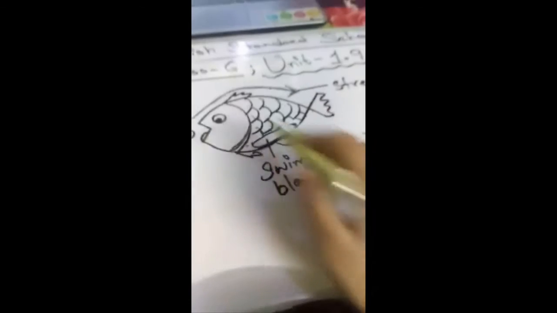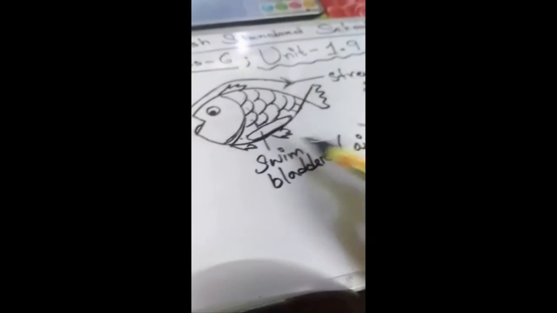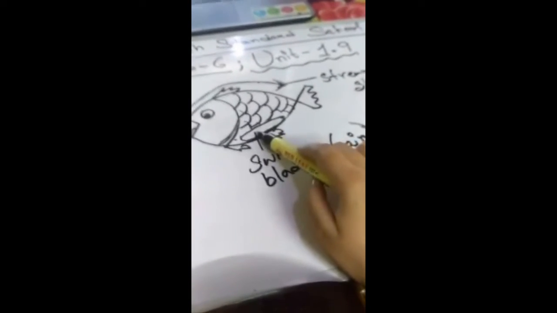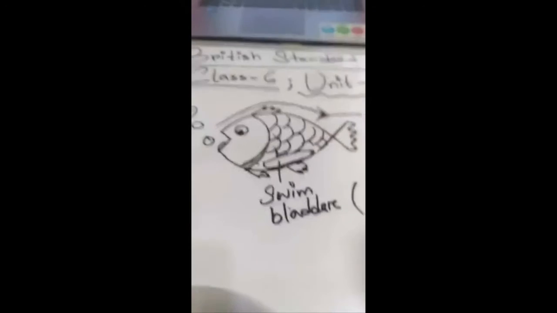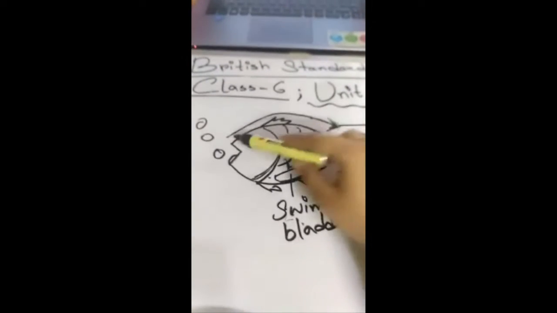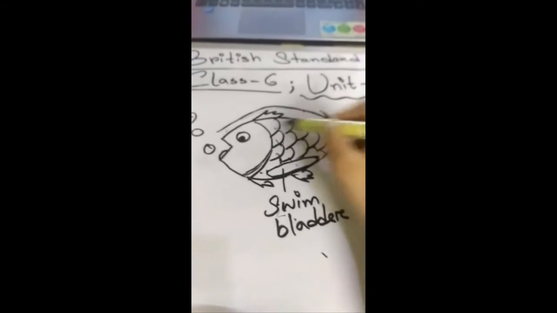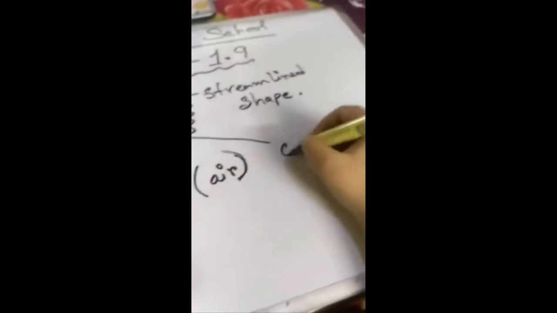So these are some basic characteristics of a fish. They have a streamlined shape, they have a swim bladder, the important one. These two are mainly the important ones. They can easily swim through the water. They have this streamlined shape, this swim bladder, and the overlapping scales.